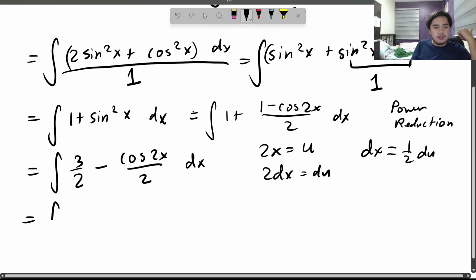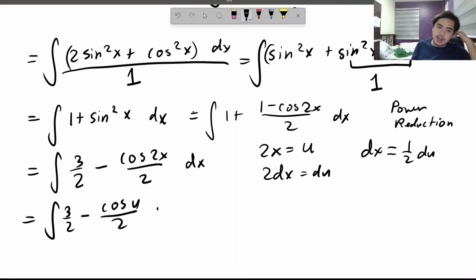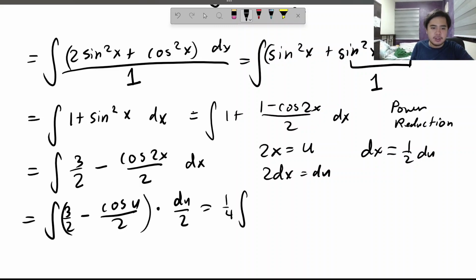So now 3 over 2 remains 3 over 2, minus cosine u over 2, times du over 2, or 1 half du. Let's just put everything 1 half to the other side. There's 1 half here, there's 1 half here. We can do 1/4 outside.